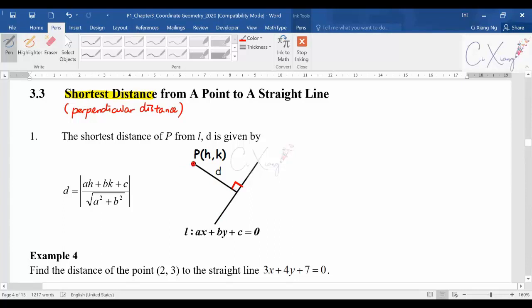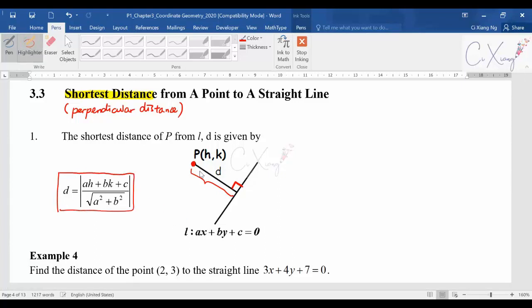So if I want to find the shortest distance, which is this one, D, from a point to the line, the formula is given. You need to try to memorize it because I don't think this is provided in your formula booklet.